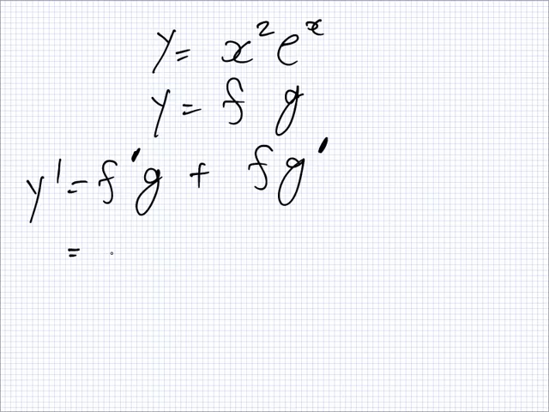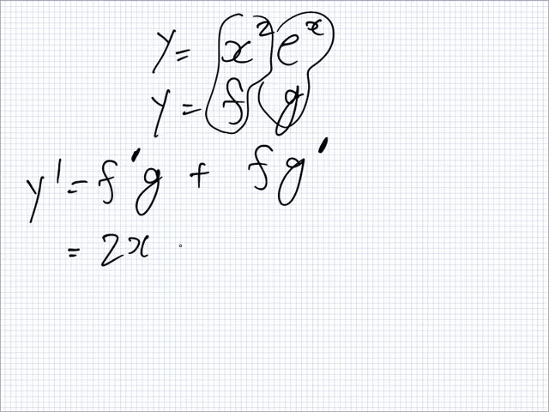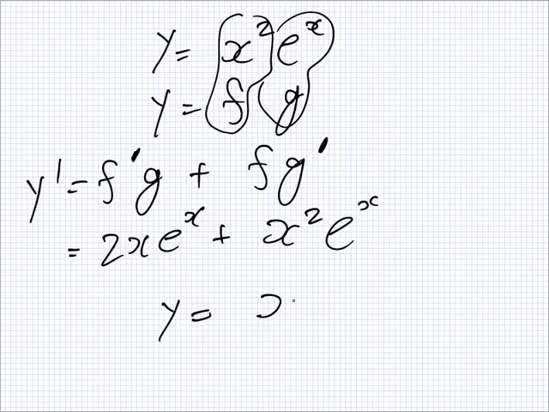So what's the derivative of f here? Yeah, the derivative of course is 2x and the g is ex and the f is x squared and the g derivative. So this is it here. Let me give you one to try. Try x cubed sine x.